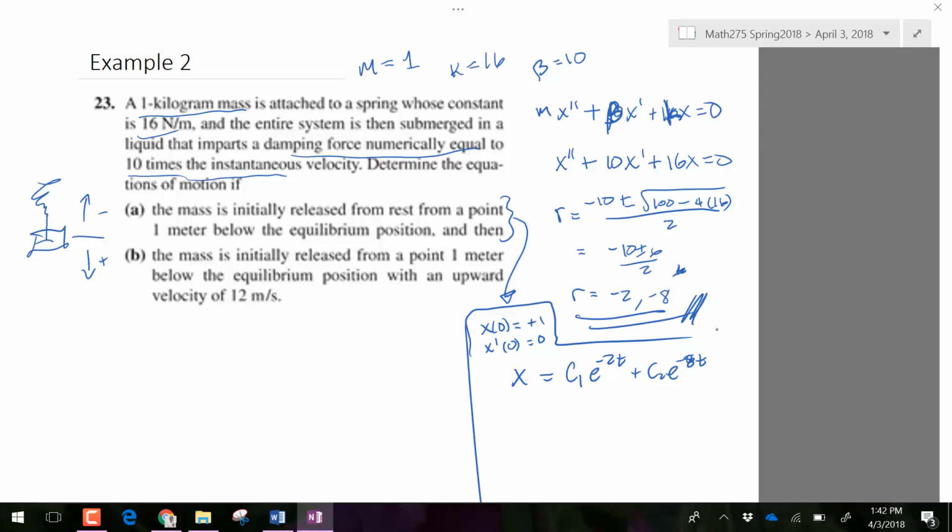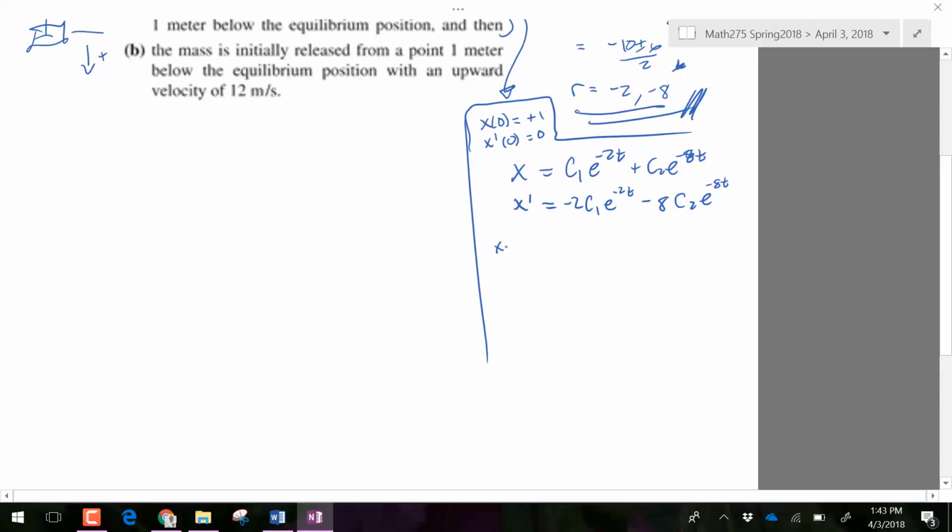So now we have this information. We need to put in our initial conditions to solve for C1 and C2. We need the derivative. So this is going to be -2C1 e to the -2t minus 8C2 e to the -8t. And then we're going to put 0 in. Putting 0 in will give us 1, since e to the 0 is 1.